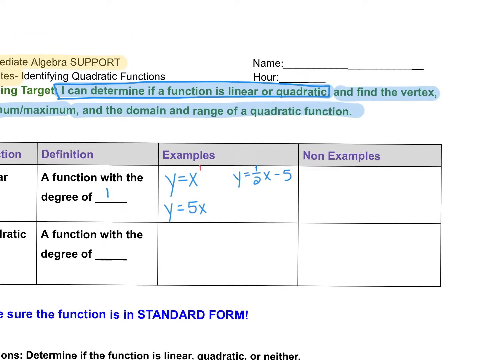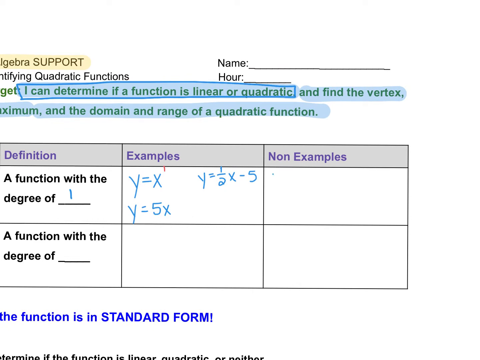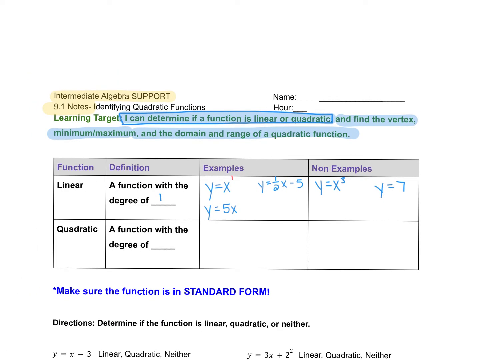A non-example might include y equals x to the third, or y equals 7. Notice how the exponent for x in the first one was not 1. In the second one, y equals 7, there was no x, so that's why it's a non-example. A quadratic is a function with a degree of 2.